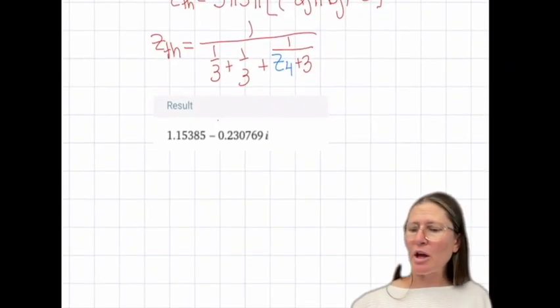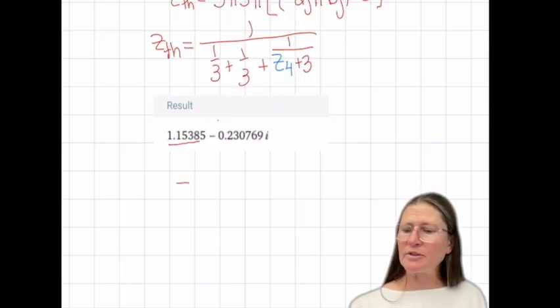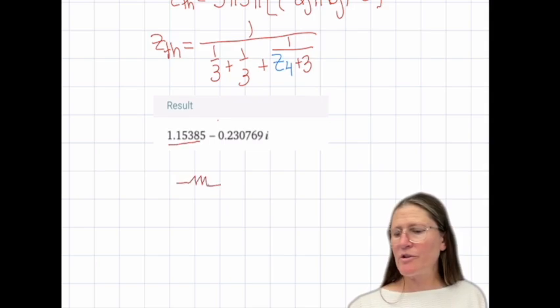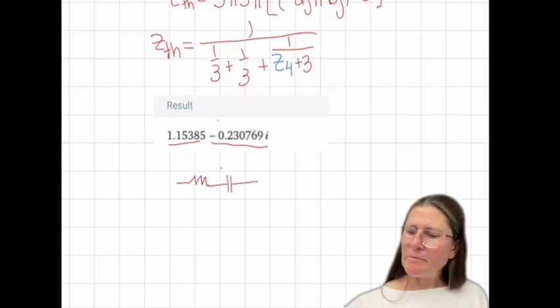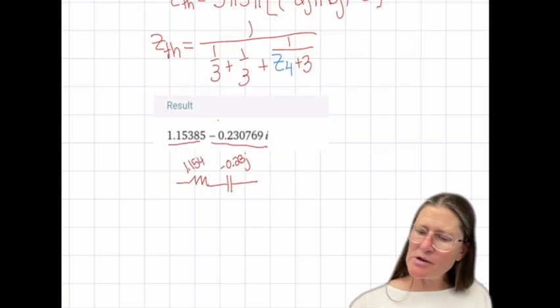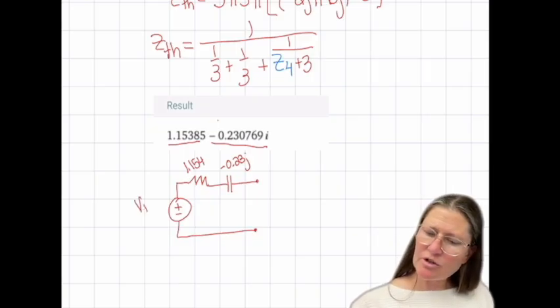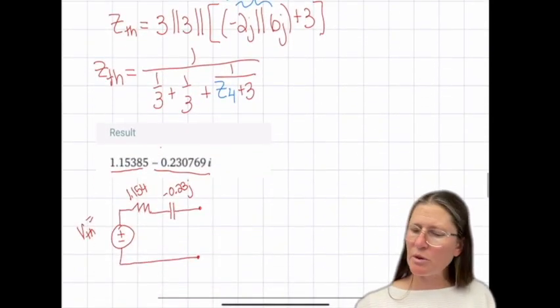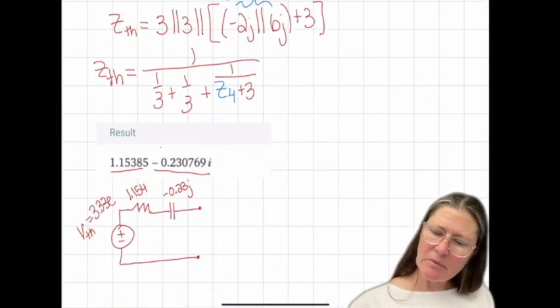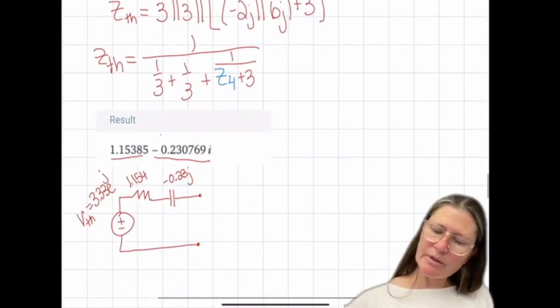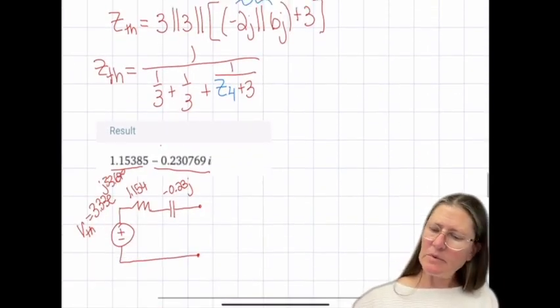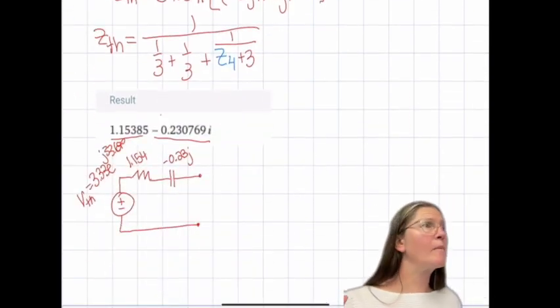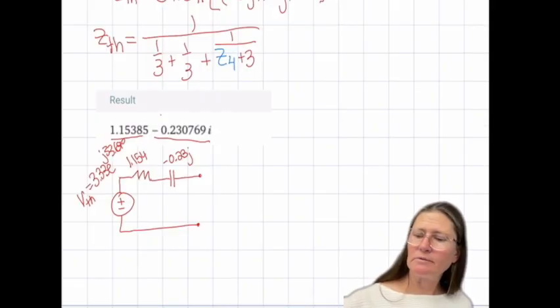So what will this look like? What's this one? Resistor. What's this one? Capacitor. So 0.23j and a 1.154. And then VTH is, what was it again, 3.33 at 33.69. Is it always a capacitor, or are there times where it can be the inductor?